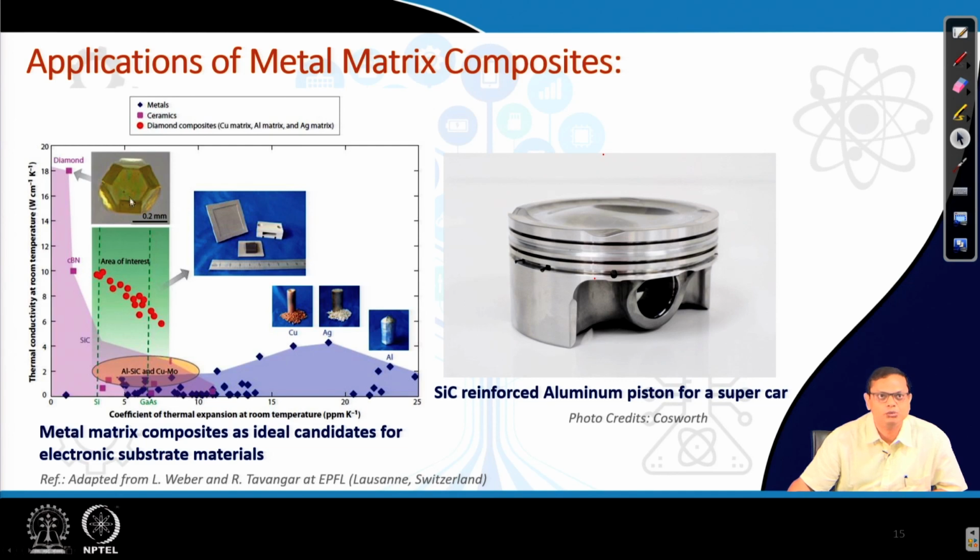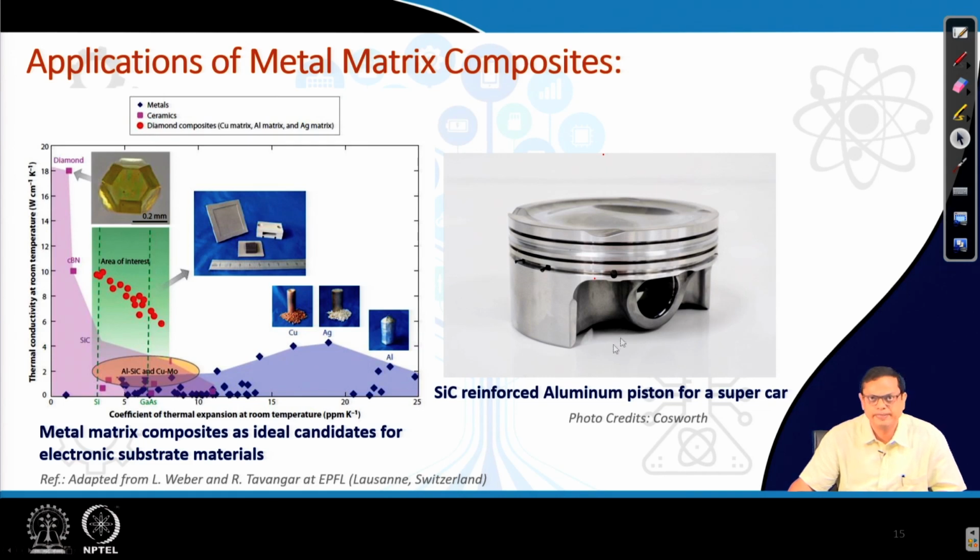So, metals show very good thermal conductivity, fairly good thermal conductivity. At the same time, they show a good amount of thermal expansion as well, and we do not want thermal expansion to be high in the case of electronic substrate materials. And you can think about different kinds of metal matrix composites which could be ideal for this kind of application.